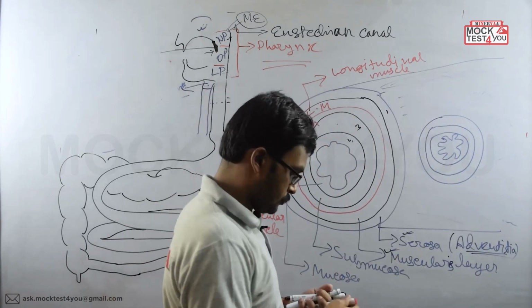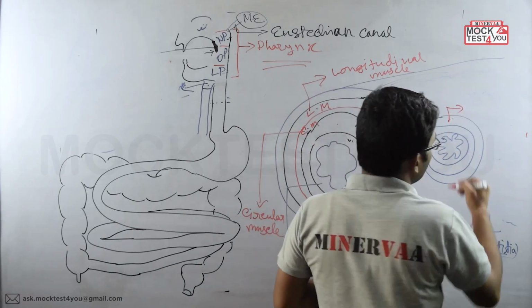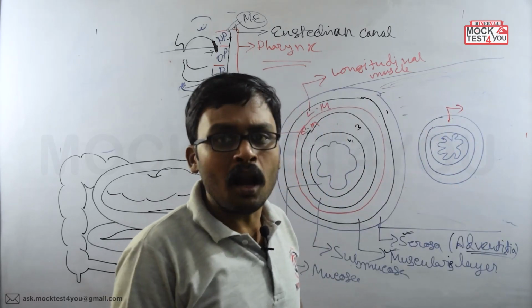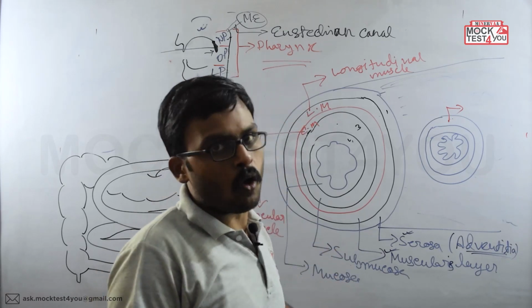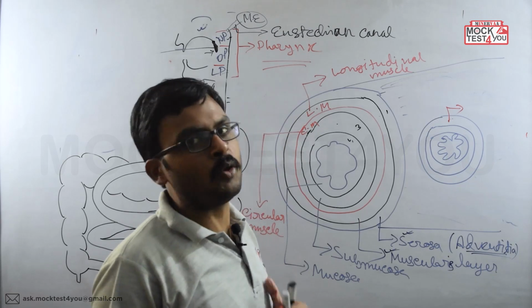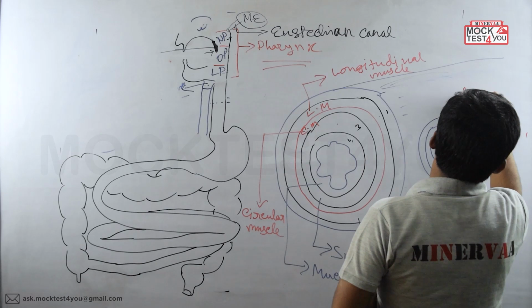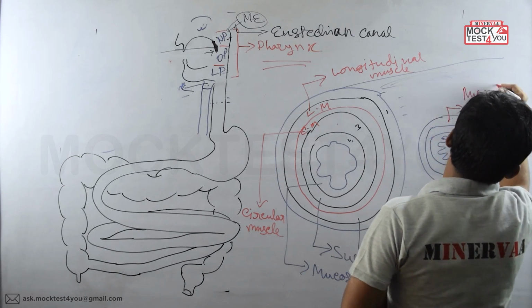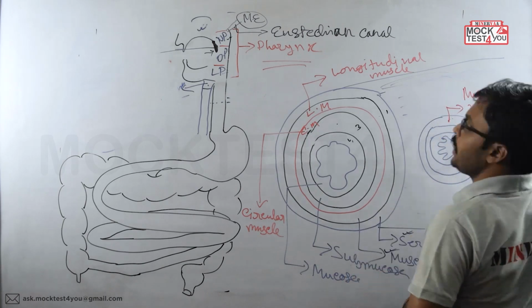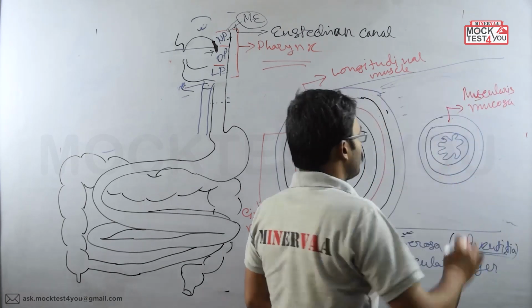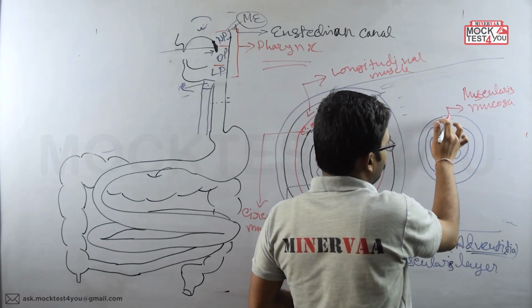Now the outermost one is made of muscles, and it is known as the internal muscularis layer, also called muscularis mucosa.